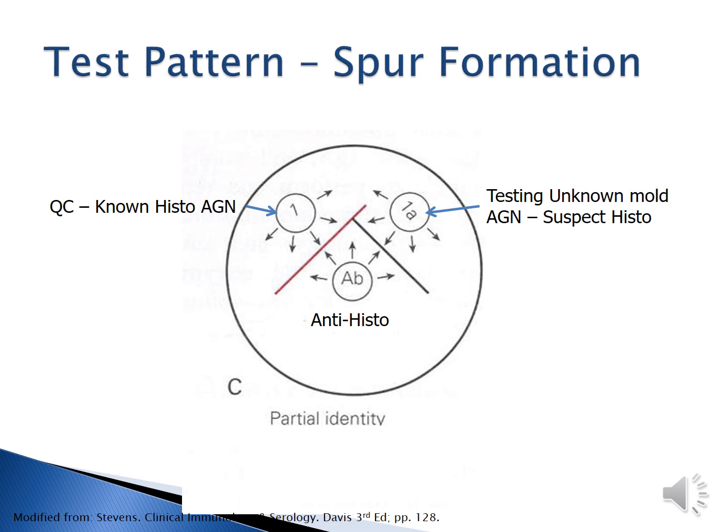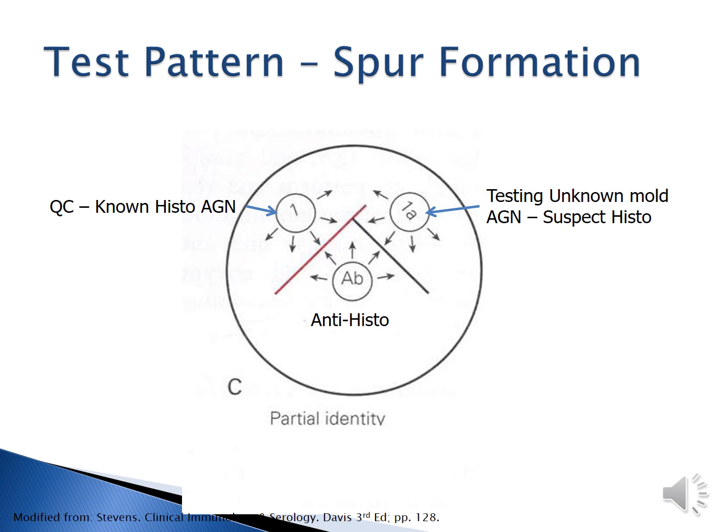red line is. However, our unknown antigen is very similar to the histoantigen. Maybe it has like one or two same epitopes that this histoantigen has, and this is what creates this spur formation.